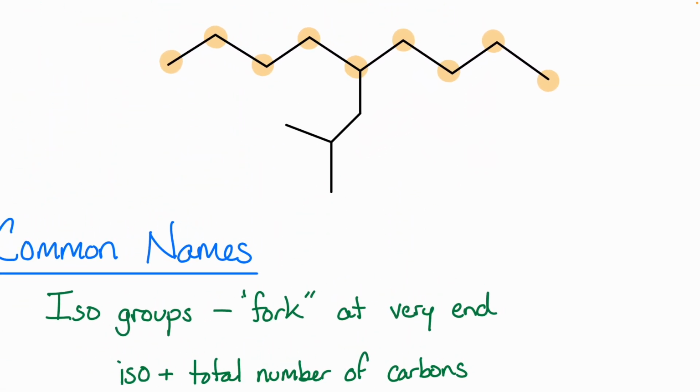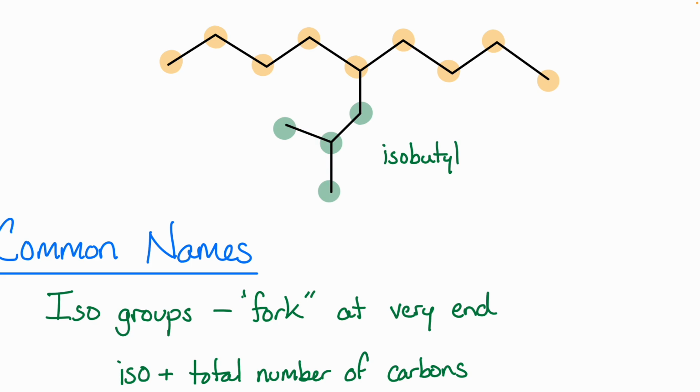This thing here with its 1, 2, 3, 4 total carbons would be an isobutyl group. If there was a total of 5 carbons, it would be an isopentyl group. A total of 6 carbons, isohexyl group. If it's got this little fork at the end, you count the total number of carbons and stick the word iso in front of it.